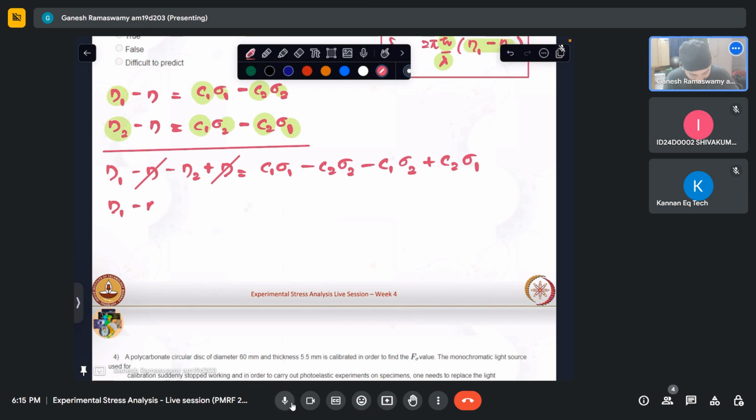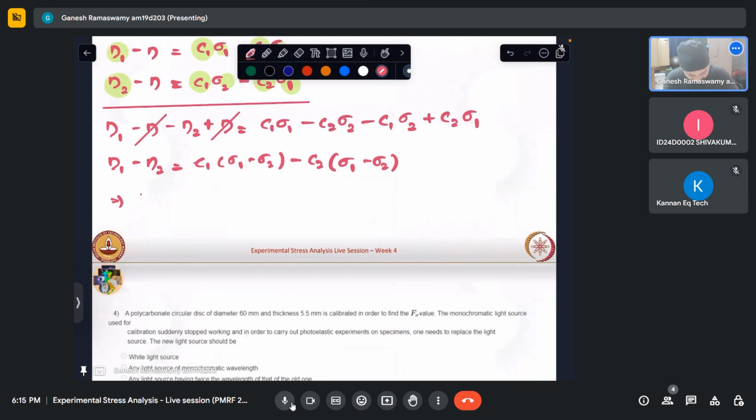If I take C1 common, I get sigma 1 minus sigma 2. And then if I take minus C2 common, I get sigma 1 minus sigma 2. So from here it follows N1 minus N2 is (C1 minus C2) into (sigma 1 minus sigma 2).